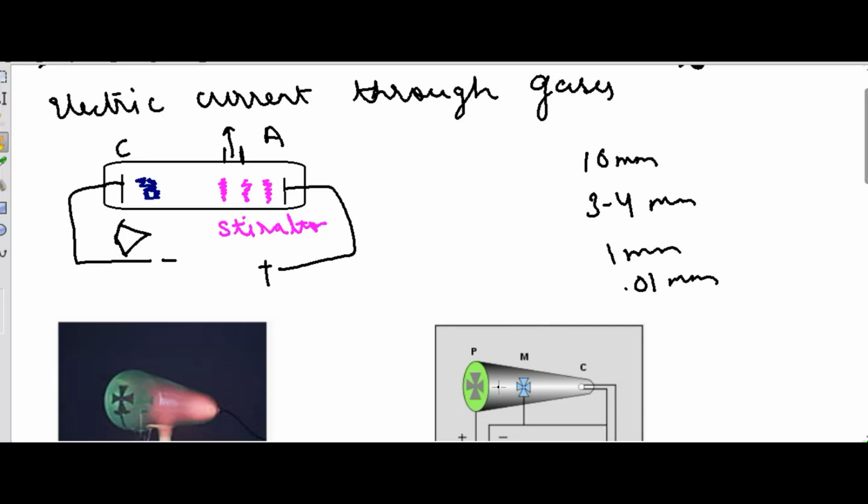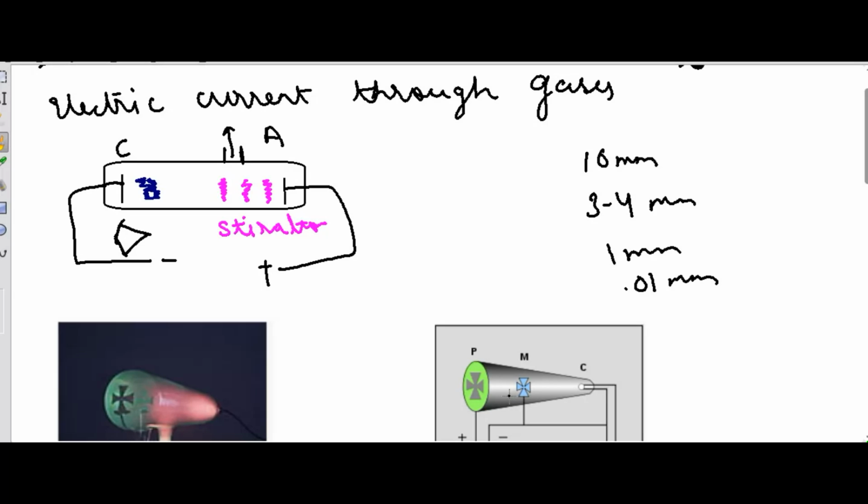Second property is they travel in straight lines. So if I put a fan or some object in the path of the cathode rays, because they travel in a straight line like light, they cast shadows of the object like light casts shadows.